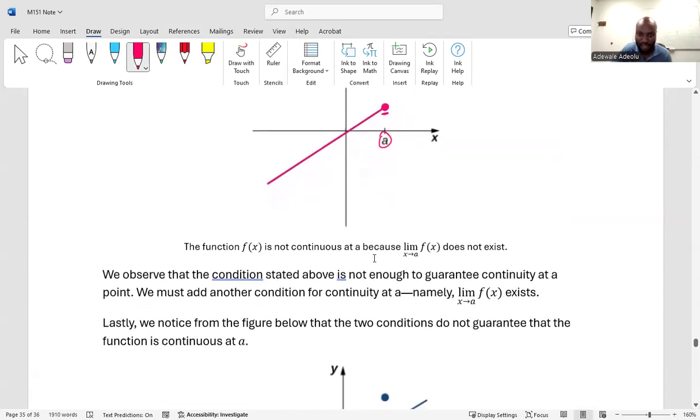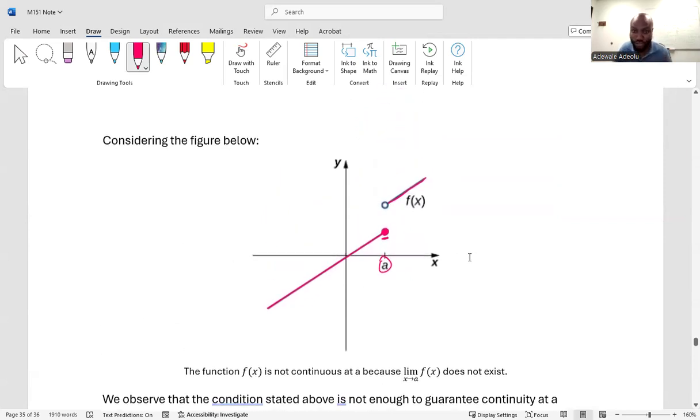Why? Because the limit of that function at the point A does not exist. Now, you know the concept of limit. If you look at it from the left, it is this y value. If you look at the limit from the right, it is this y value. And they are not the same.